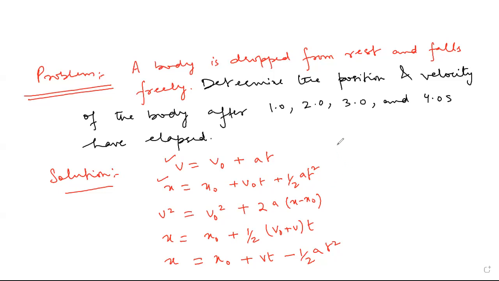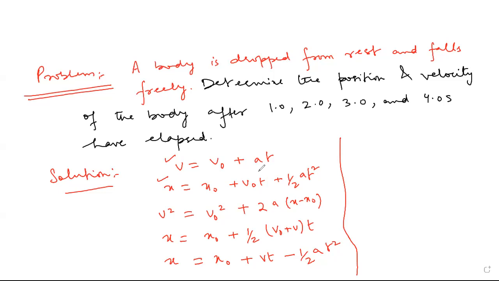Now this problem, today's problem, is related to free fall motion. You know, when a body falls near the surface of Earth, it is an example of motion with nearly constant acceleration.